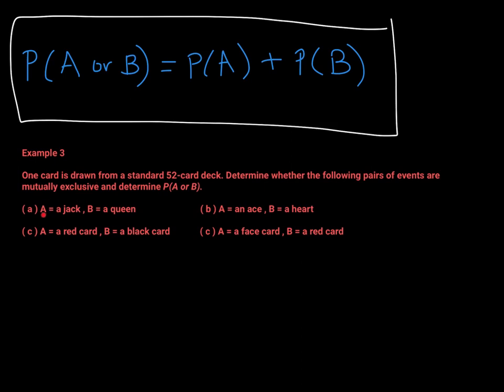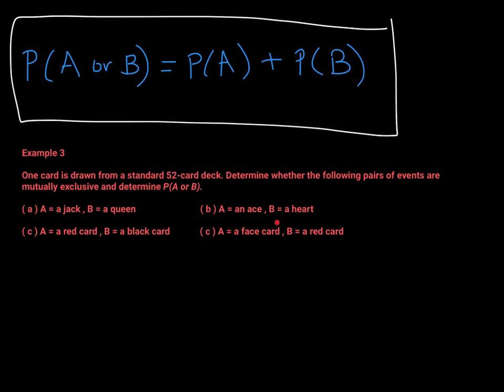What's the probability of us choosing a jack or a queen? Are these two events mutually exclusive? Yes, they're mutually exclusive because it's impossible to pull one card from the deck and it being a jack and a queen. You can't be both at the same time. So this pair of events is mutually exclusive.